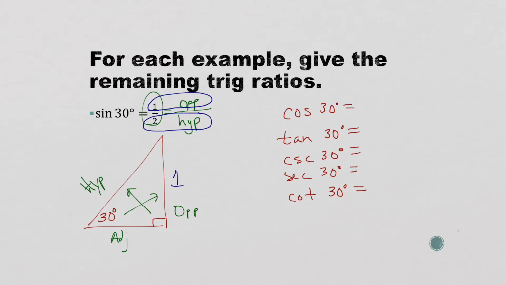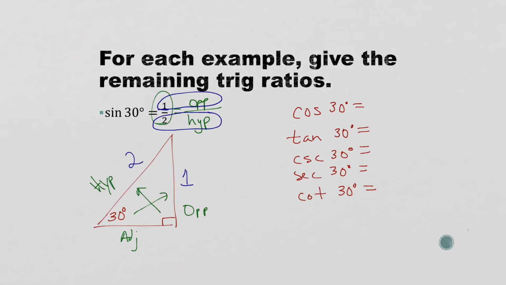So the length of this side is 1, the length of this side is 2. Now, I gotta figure out what's the length of my adjacent side. Because for cosine, cosine is equal to adjacent over hypotenuse. And I know my hypotenuse is 2, but I don't know my adjacent side.